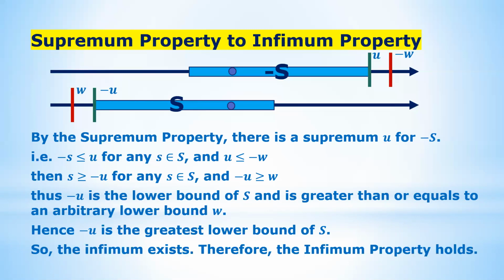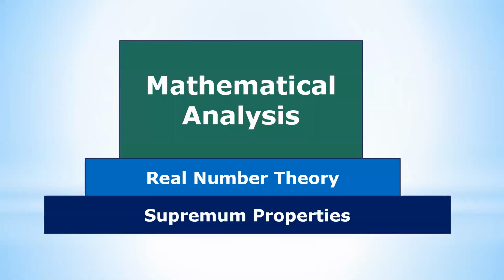So the conclusion is that for the basis of mathematical analysis, you can just assume the supremum property instead of assuming the completeness property. Because once you assume the supremum property, this will imply the infimum property. Therefore, you get the completeness property, and that's enough. So this is the minimum assumption we need for mathematical analysis, okay? Any questions?